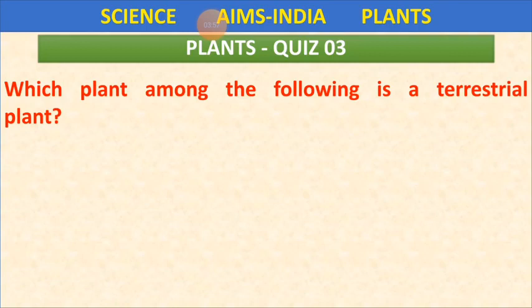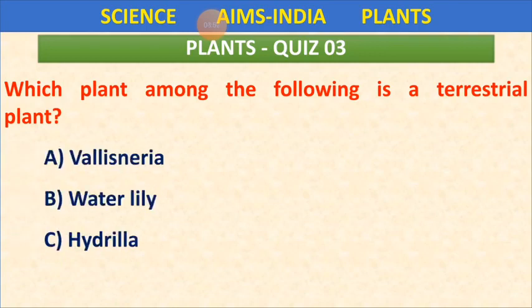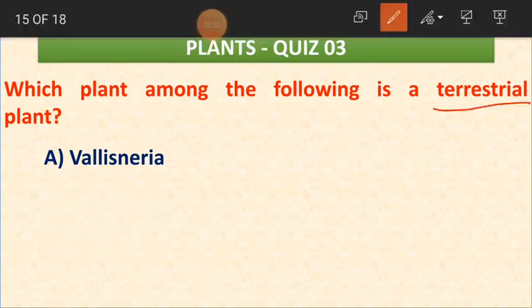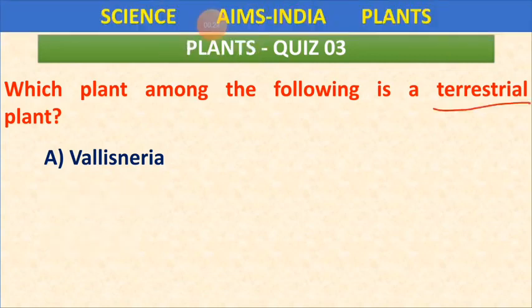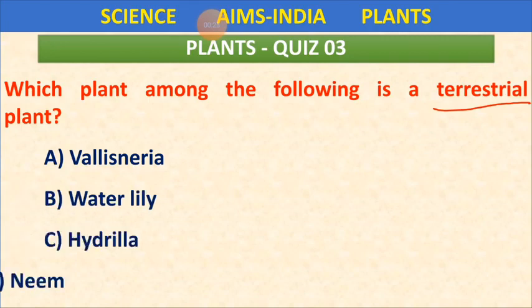Which plant among the following is a terrestrial plant? Here are Vallisneria, water lily, hydrilla and neem.